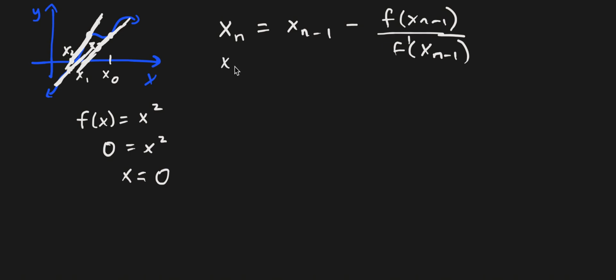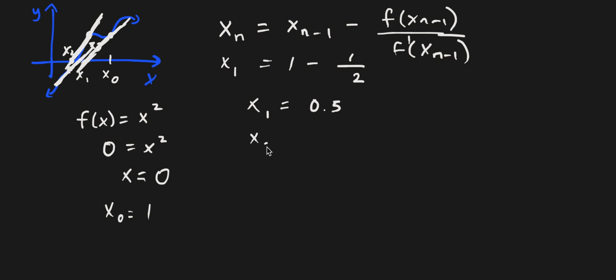So x sub 1 is going to be x sub 0, my first guess, which is, let's say, 1. So 1 minus f of 1, which is just 1, over f prime of 1, which is going to be 2. So x sub 1 is equal to 0.5.